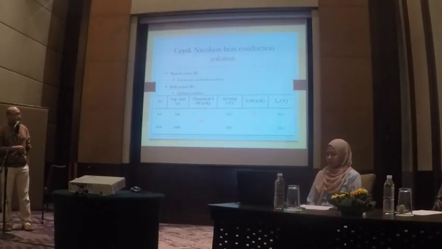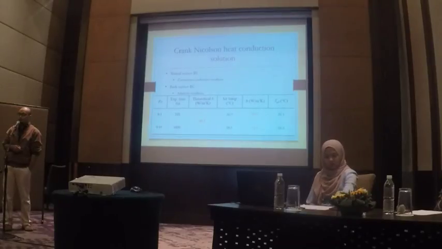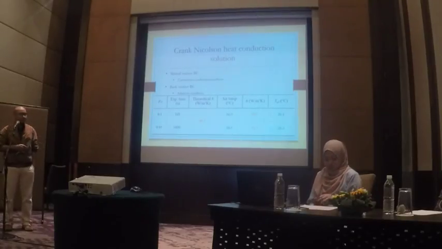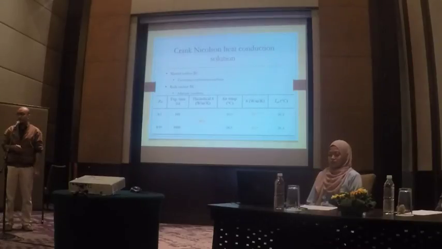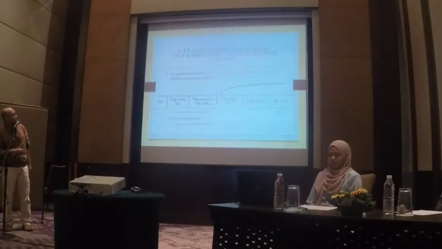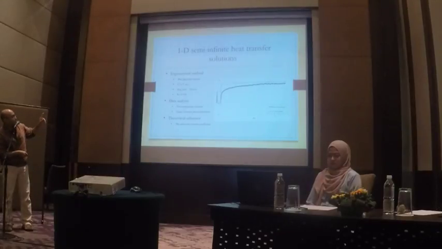But this is actually part 2 of the paper. In part 1, I plotted a correlation between the theoretical heat transfer value and the Crank-Nicolson heat conduction solution. For this experiment, I only used one free stream velocity, which is 27 meters per second.